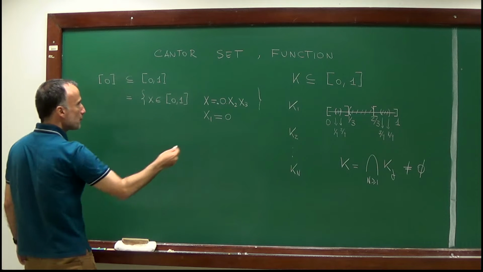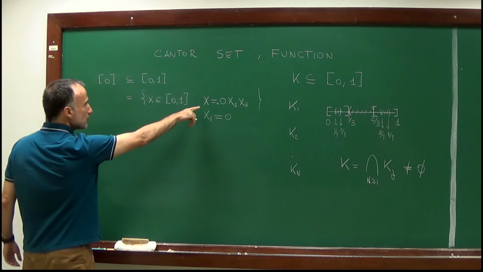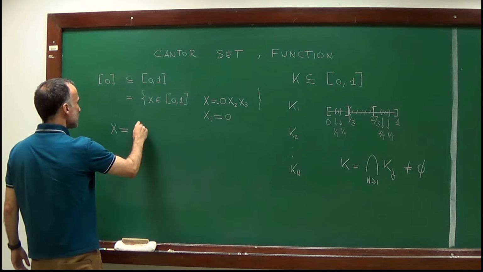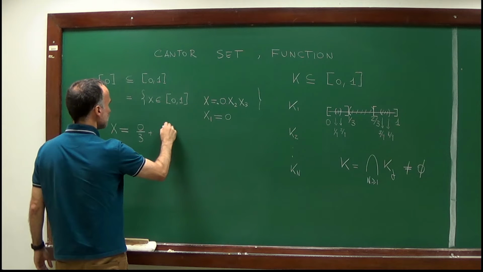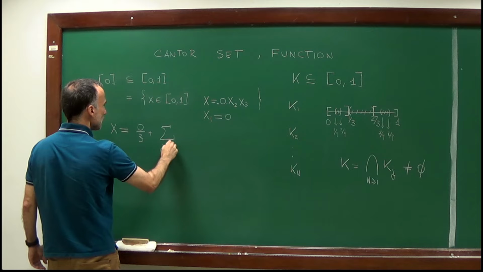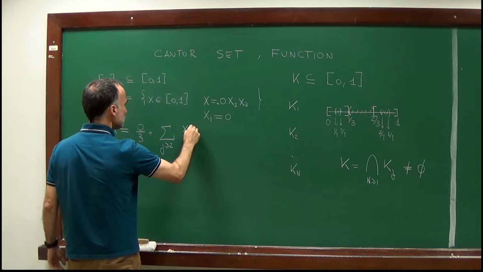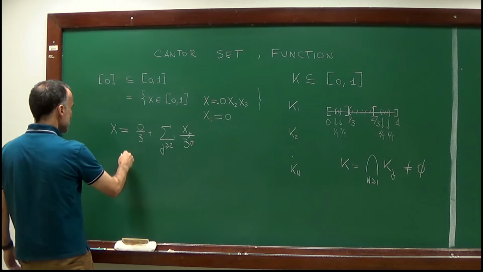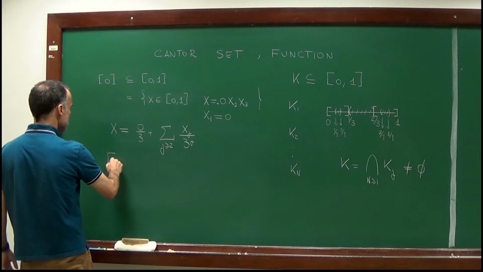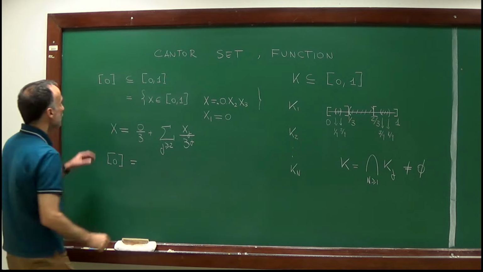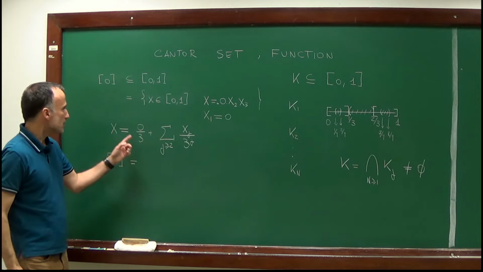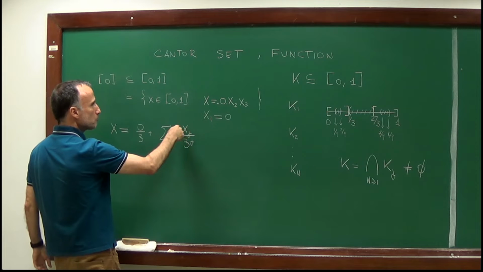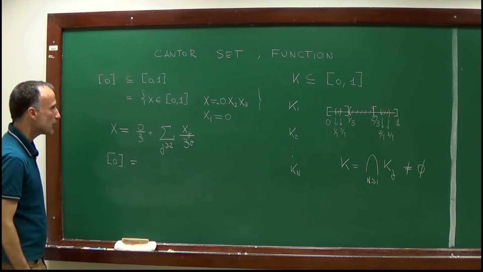So what is this set? Well, if x can be represented by that, this means that I can write x as 0 over 3 plus a sum for j larger or equal to 2 of xj divided by 3 to the power j. This means that this set is the set which can be obtained by placing here all sequences xj I can think of.